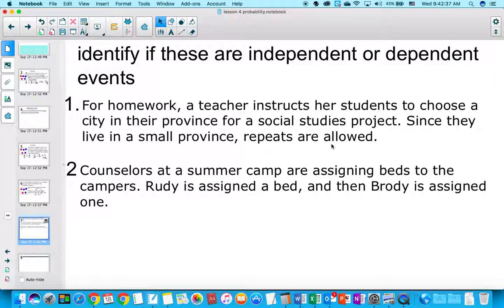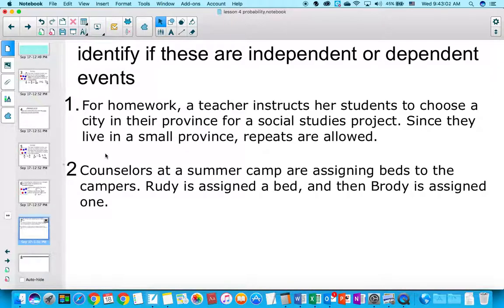So if repeats are allowed, it's independent. If repeats were not allowed, it would be dependent, because the event of a student picking a city would change the outcome of another.